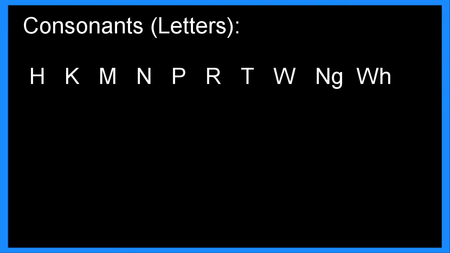There are 10 consonants in the Māori language, 8 standard letters, the same as in English, and we also have 2 diphthongs, which are combinations of 2 letters to give its own consonant. As an example, I'll combine those with the long A sound to give you an example of how they're used.